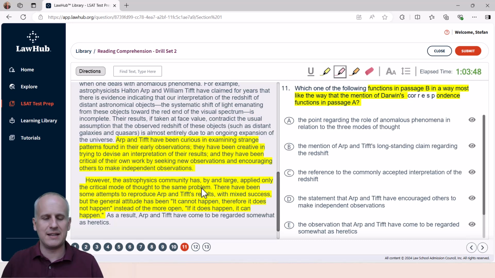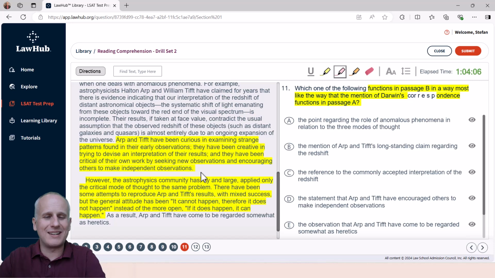That highlighted sentence says, A&T have been curious in examining strange patterns found in their early observations. They have been creative in trying to devise an interpretation of the results, and they have been critical of their own work by seeking new observations and encouraging others to make independent observations.